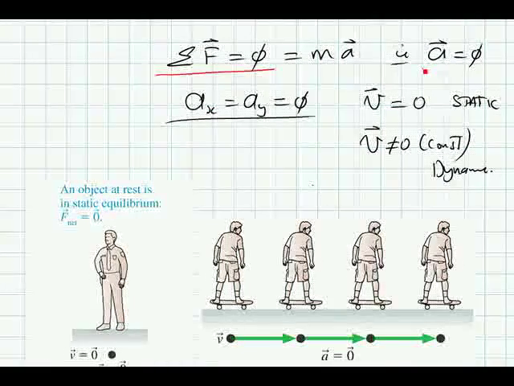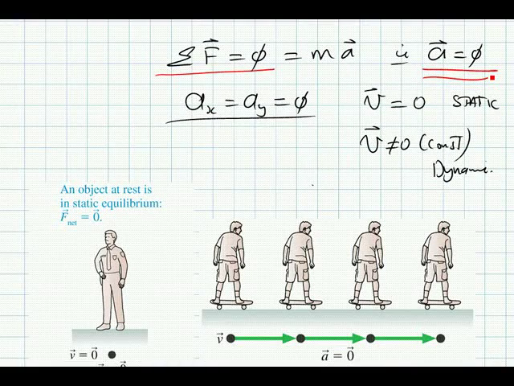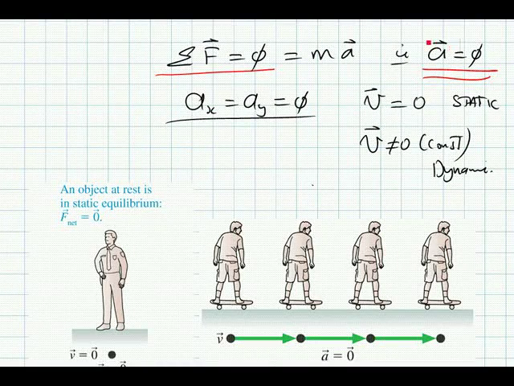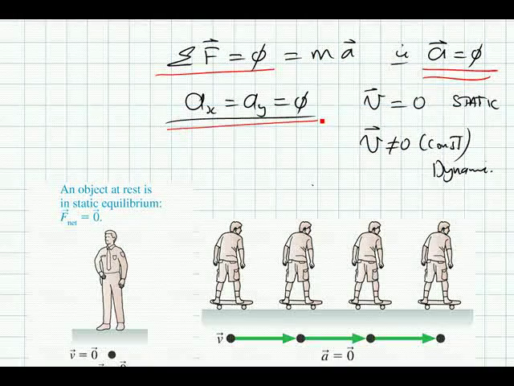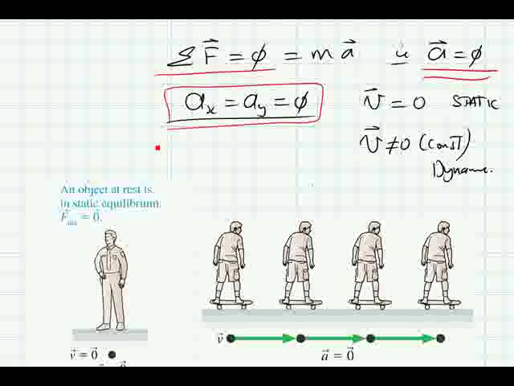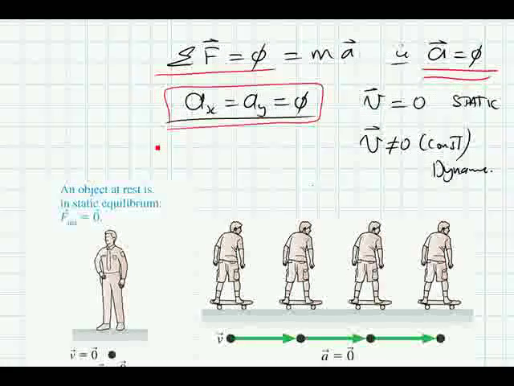When net force is equal to zero, that implies the acceleration of the object is zero. If we're talking in terms of two-dimensional motion, then if acceleration is zero, that means ax and ay are of course zero.